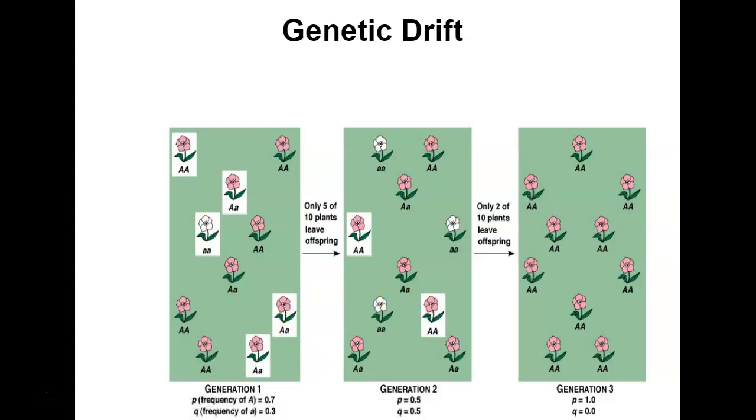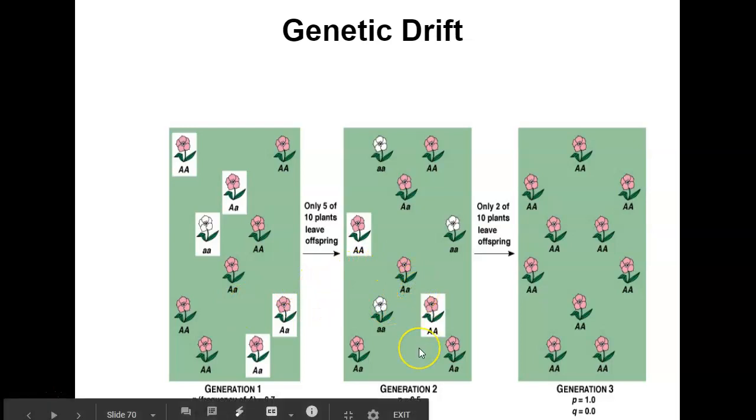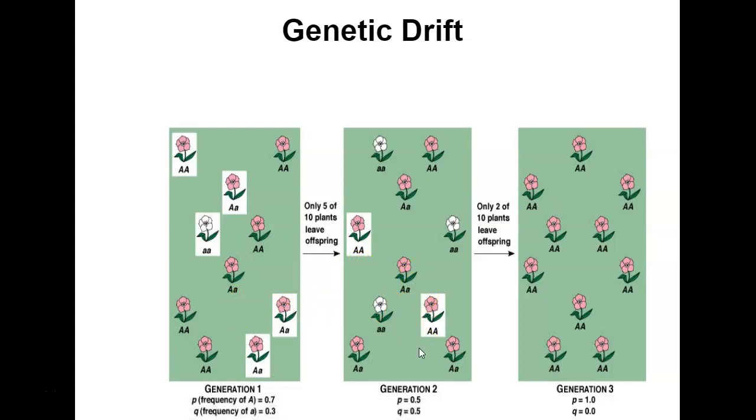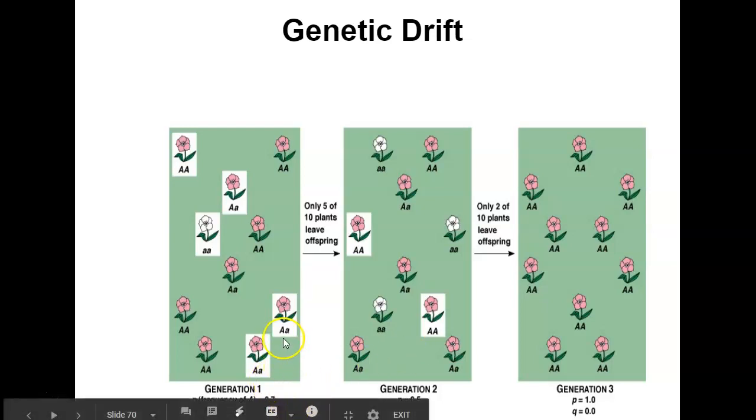And then of those, only 2 of the 10 plants have offspring. And so over time, what happens is this drifting. There was a dominant and recessive allele. The dominant one was purple or pinkish purple, and the recessive one was white. In the beginning, it was a 0.7 to 0.3 breakdown.